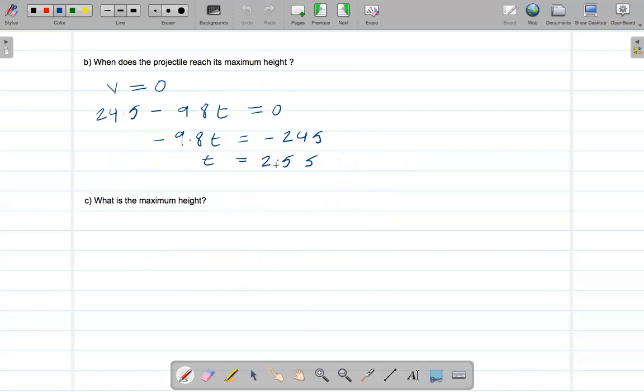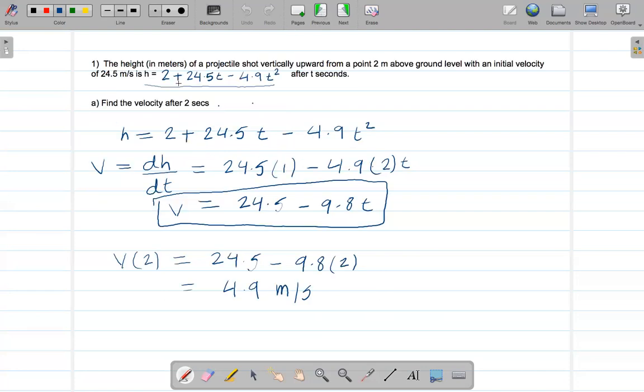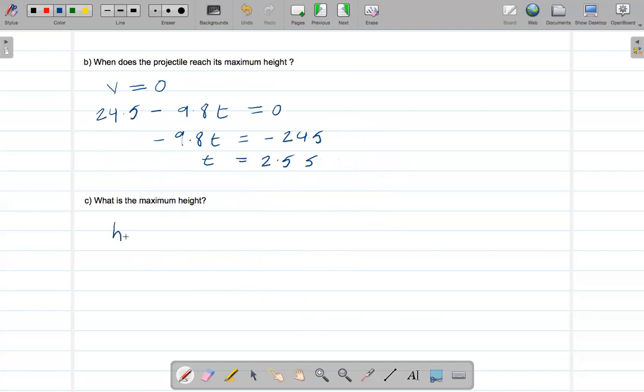Since at this time it will reach the maximum height, when we put this value into the position equation, we can find the maximum height value. Now since we know the position function is 2 plus 24.5t minus 4.9t square, just plug in this value here.